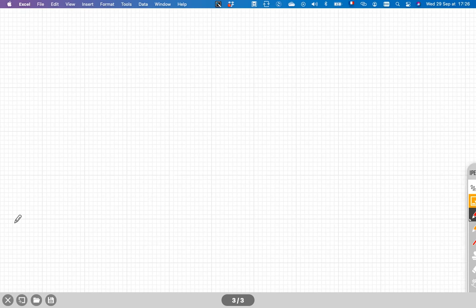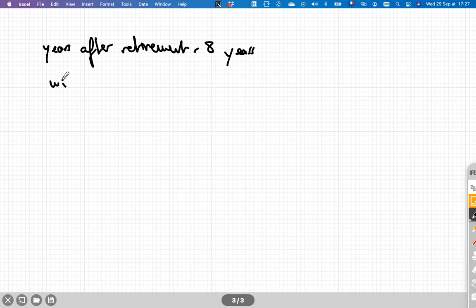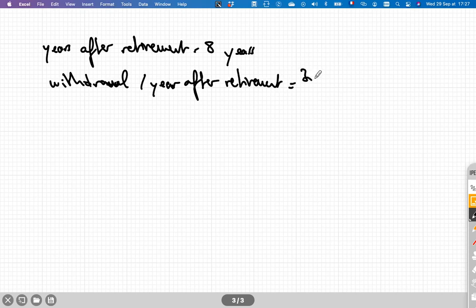He will think the following way. 8 years after retirement, and the withdrawal of money he needs each year of retirement is $30,000.